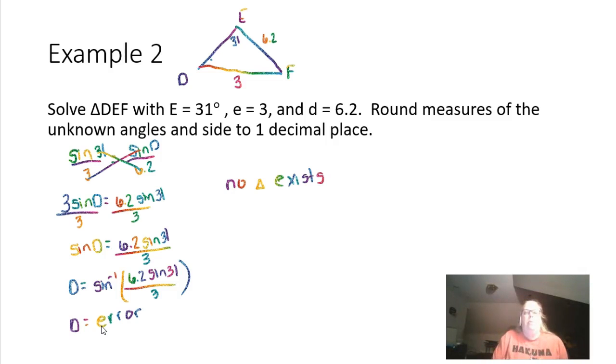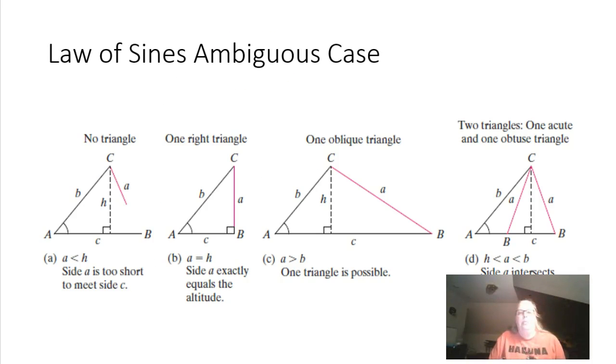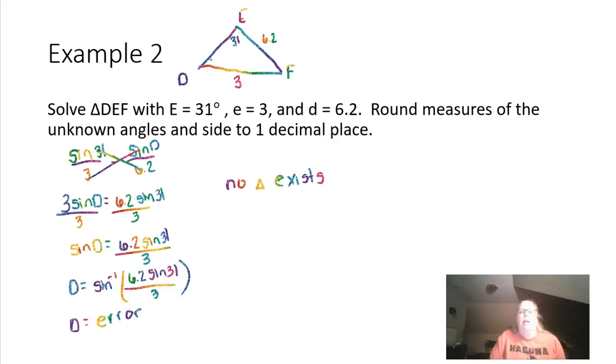Now, if we wanted to go back and run the test instead of trying to solve this triangle, that is going to be this one right here. H, it turns out, is actually equal to B times the sine of A. So we want to know if side A is less than B times the sine of A. We can go back here, and we want to know if 3 is less than 6.2 times the sine of 31.